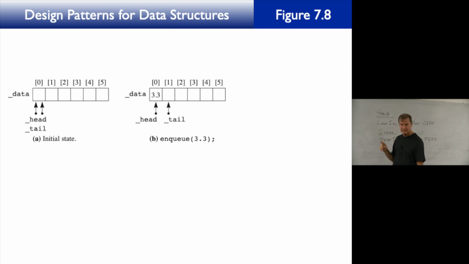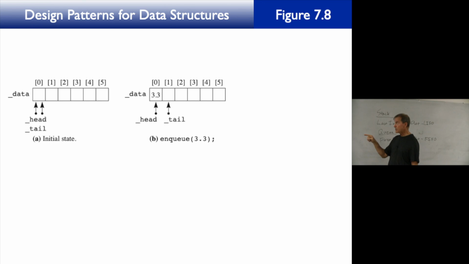When you get in line, where do you get in line? You get at the end of the line, Buster. You get in at the end of the line, at the tail. So the people at the front are the ones who get served first because they were first come.